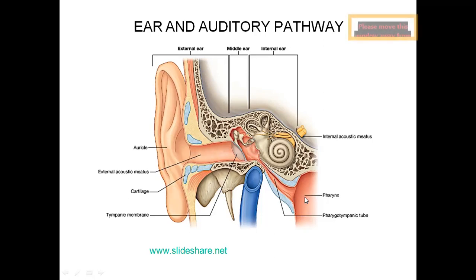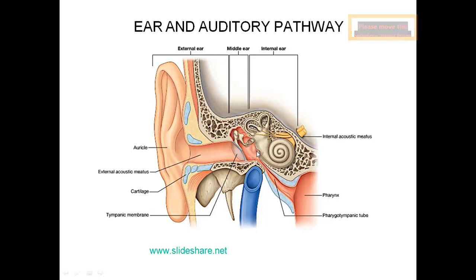Anteriorly, the middle ear communicates with the nasopharynx by means of a tube. This tube is called the eustachian tube, also called the auditory tube or pharyngotympanic tube. The posterior boundary of the middle ear: you can feel in your own body, behind the ear there is a nipple-like projection. What is that? Mastoid process.